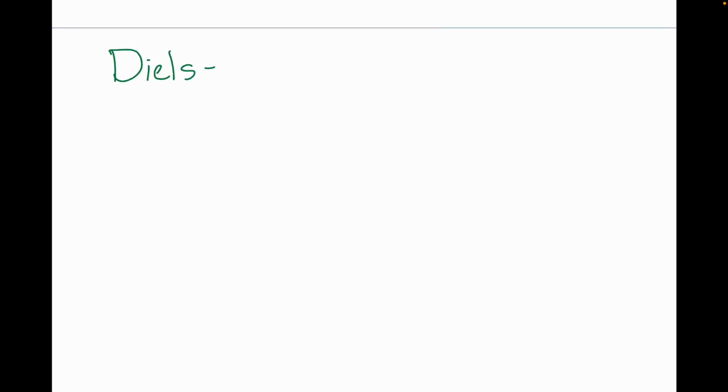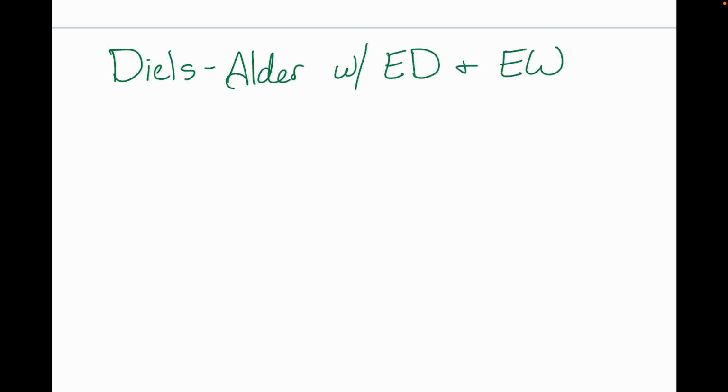So Diels-Alder with electron donating and electron withdrawing groups. We'll just do our 2 examples that we did before.